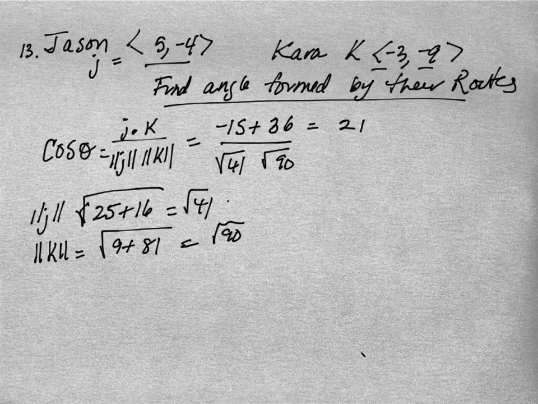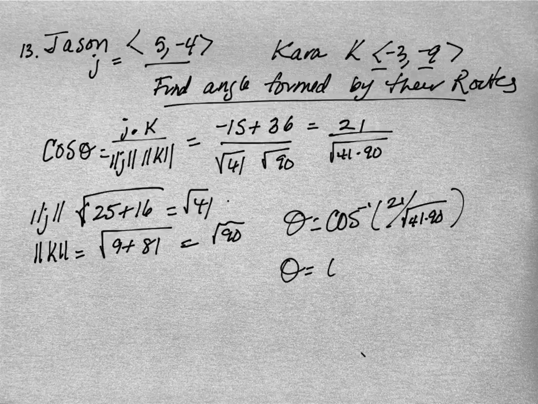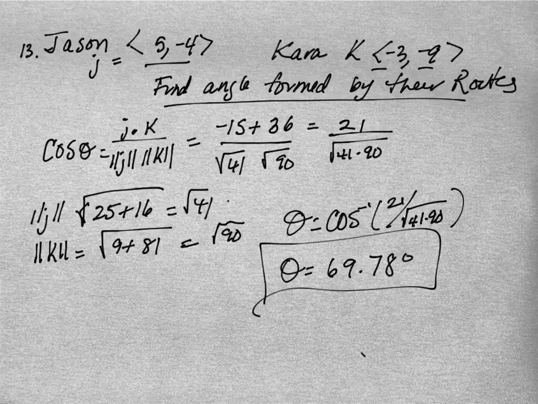So we have the square root of 41 times 90. So theta is the inverse cosine of 21 over the square root of 41 times 90. And you should get theta is 69.78 degrees. All right, so that was your homework.